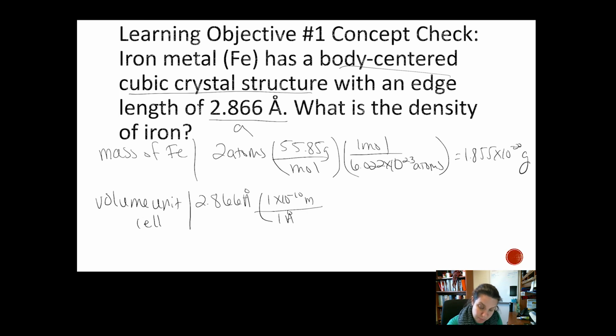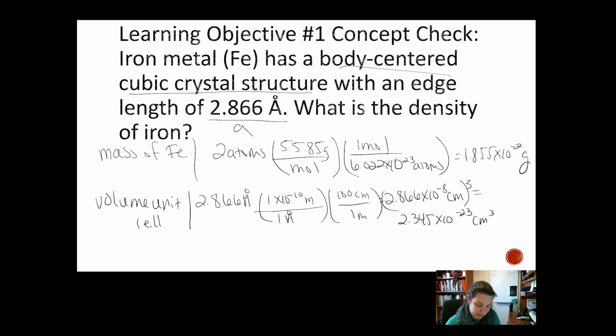And then there are 100 centimeters per meter, giving us 2.866 times 10 to the negative 8 centimeters. We're then going to cube this, because this is our A value, giving us 2.345 times 10 to the negative 23 centimeters cubed.